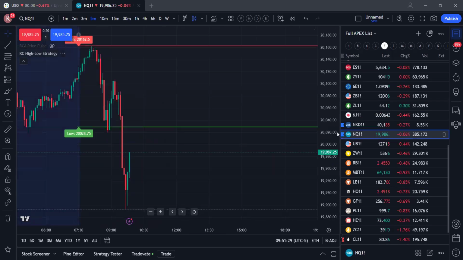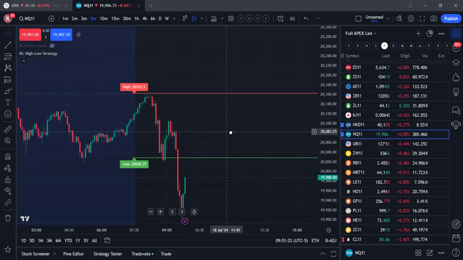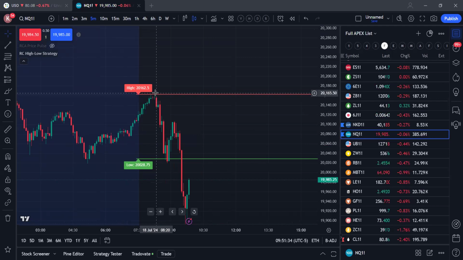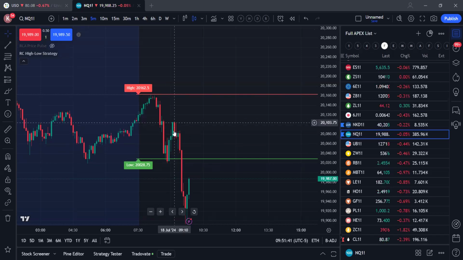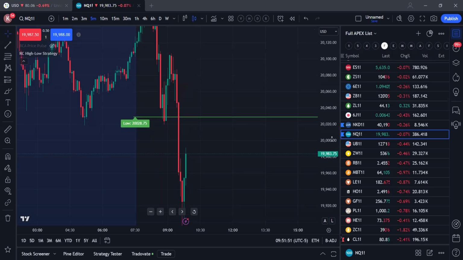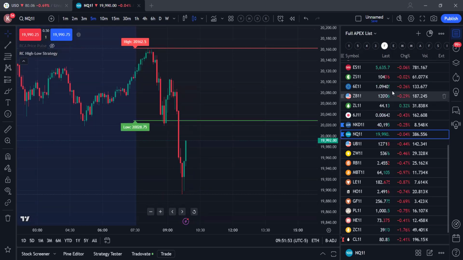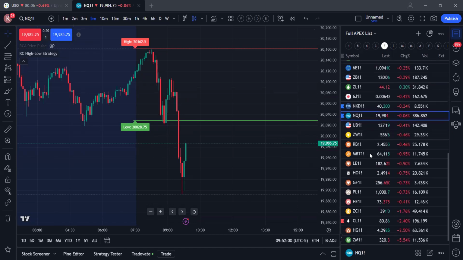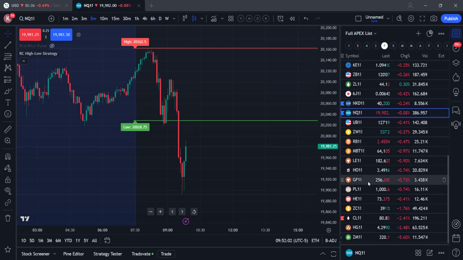If you look at NQ, it exactly went to that 2162 and then touched the low. Then it went all the way up, then came down. There's a high possibility for it to touch this 20028. We can take MNQs.